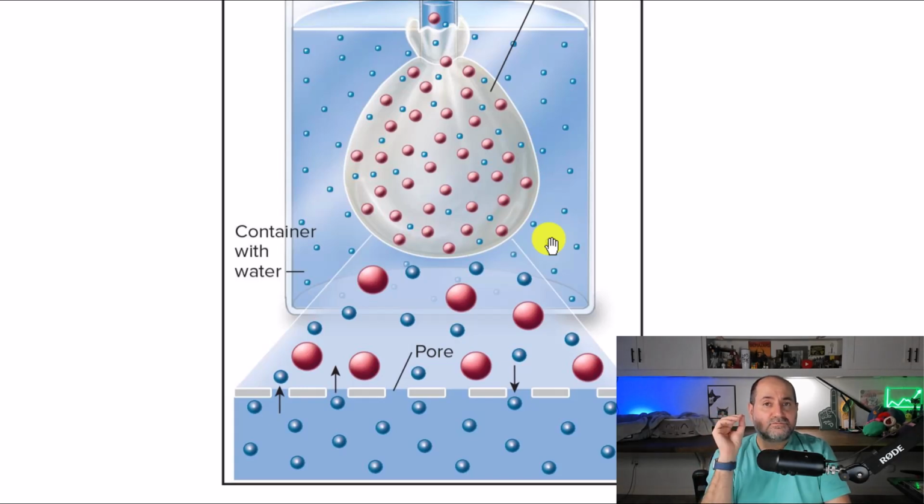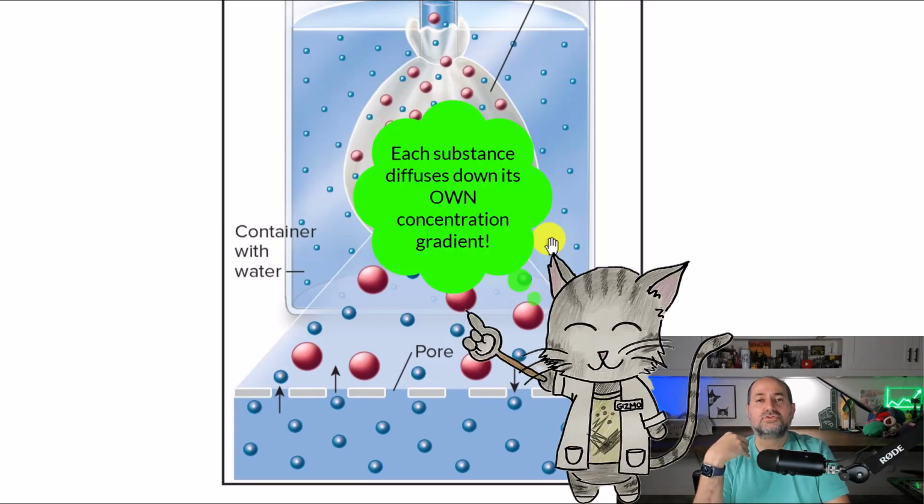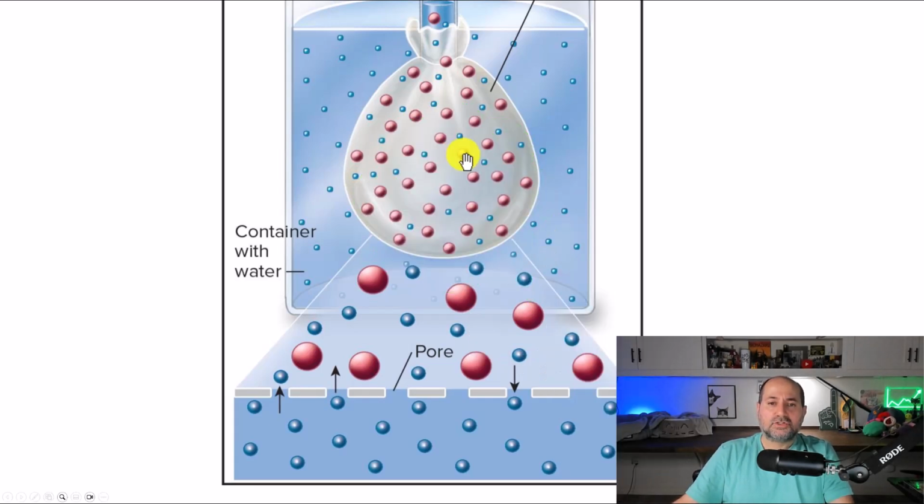When there's passive transport happening, okay, during passive transport, every substance diffuses down its own concentration gradient. I want you to write that down. Every substance diffuses down its own concentration gradient. Do you know what that means? That means, for instance, look, the sugar. Where's the sugar high in concentration?